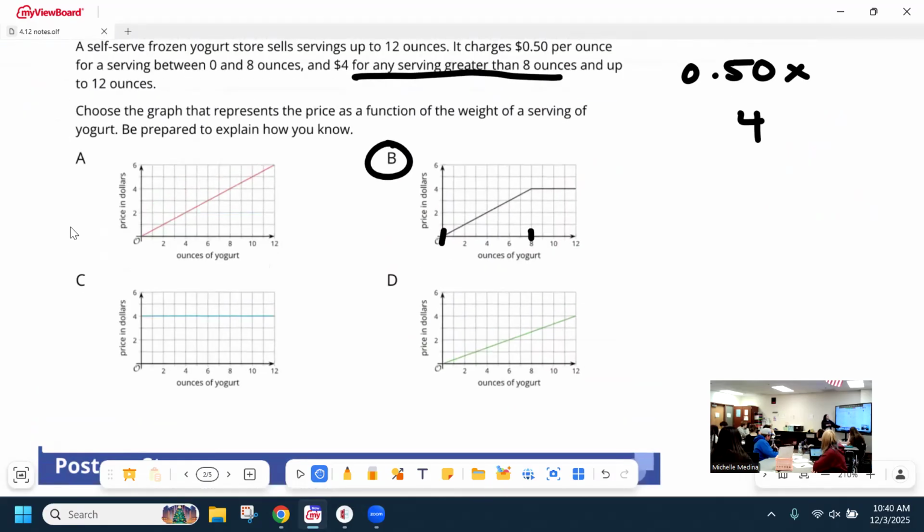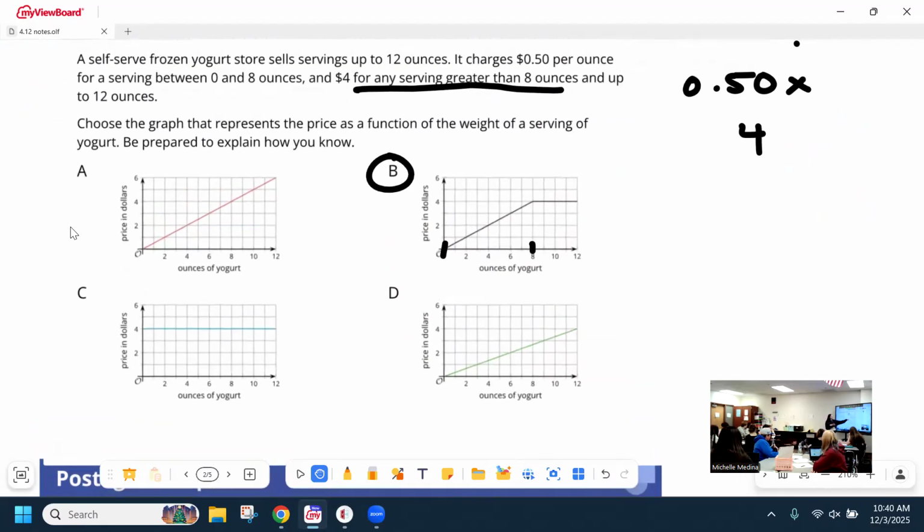For the first 8 ounces, they were charging 50 cents per ounce. And then after 8 ounces, they just charged $4. So that would be an example of different rules for different parts of the domain, different parts of the X.